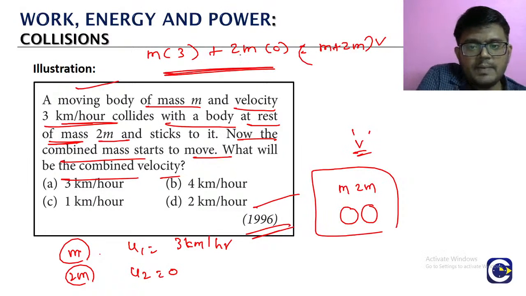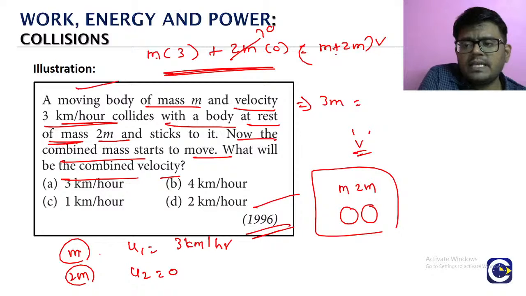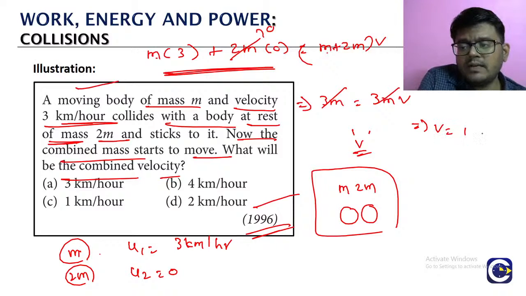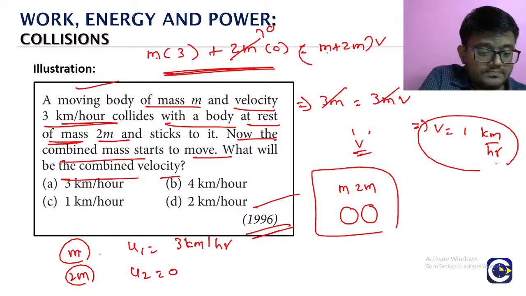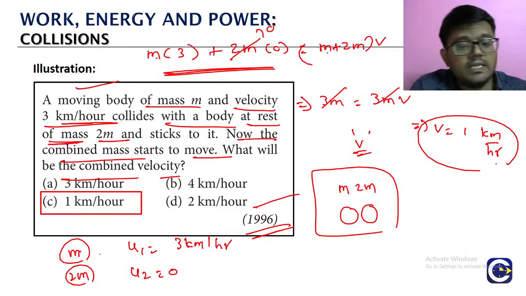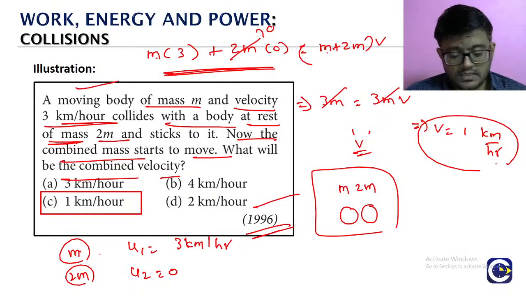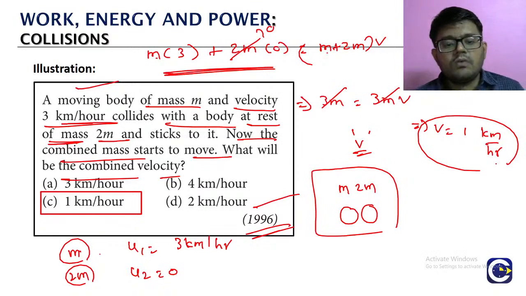Now 2m into 0 means 0. So we get 3m is equal to m plus 2m, which is 3m, into v. 3m and 3m cancel. So the value of v is 1, but what will be the unit? Kilometer per hour. So what will be the combined velocity of these objects? It will be 1 kilometer per hour.